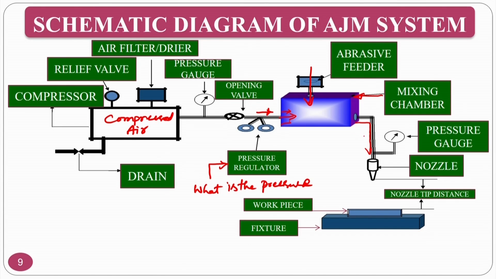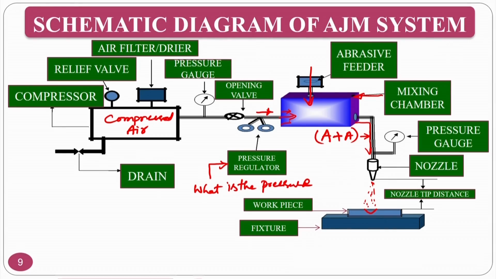In this area, compressed air plus abrasives are there, and this will come and hit on the surface, so that you can generate a crater which has a crater depth as well as crater diameter.